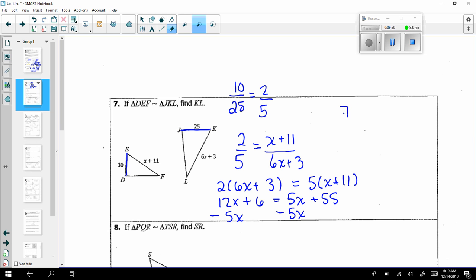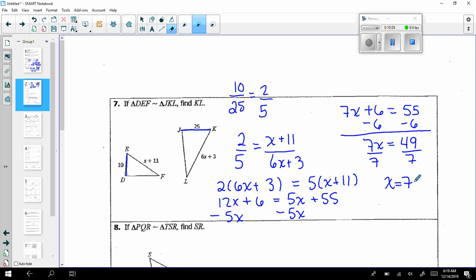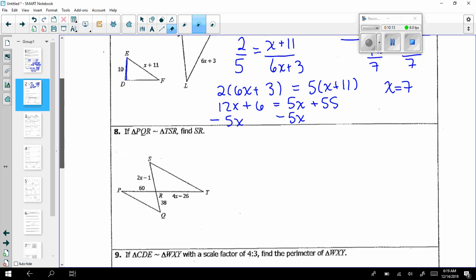So I get 7x plus 6 equals 55. I subtract 6, and I get 7x is equal to 49. Divide by 7. I get x is equal to 7. All right, keep moving on.